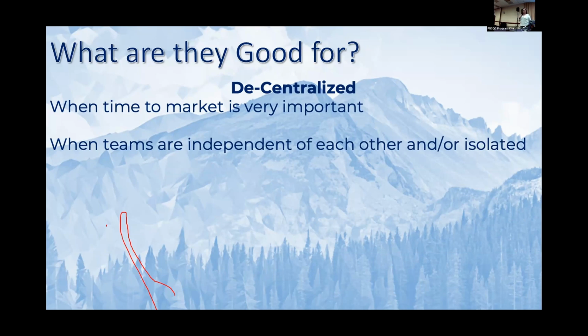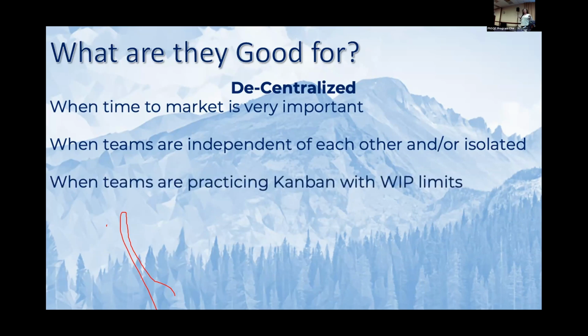When teams are independent of each other or isolated, there is very little, if any, dependencies, again, upstream or downstream from team to team, and they can release and deploy at will or following their own standards and guidelines, because there are no dependencies and very little risk of what they're producing and deploying affecting other teams.